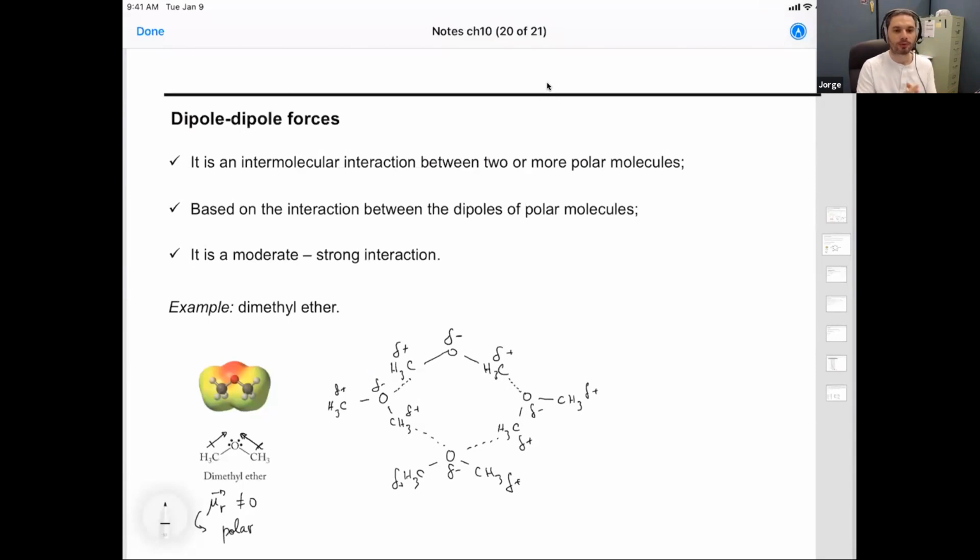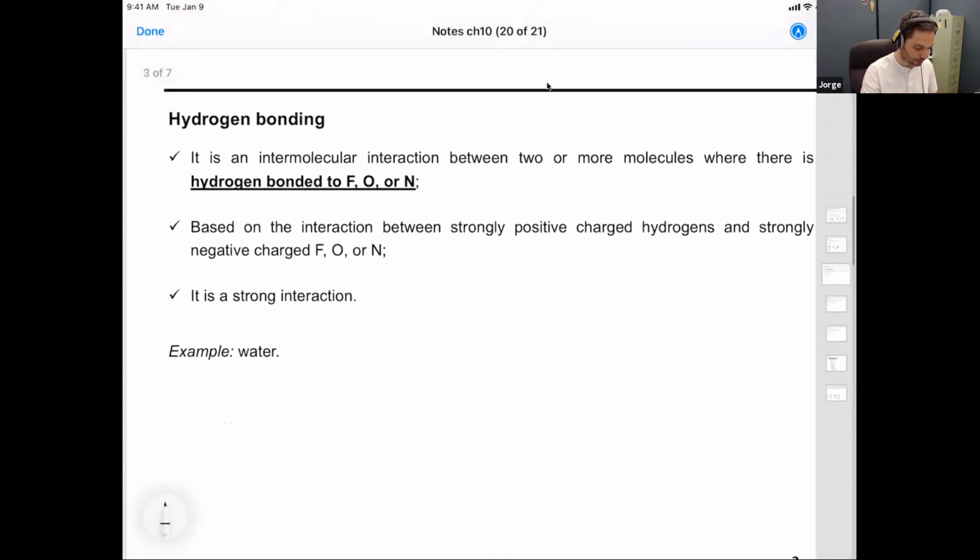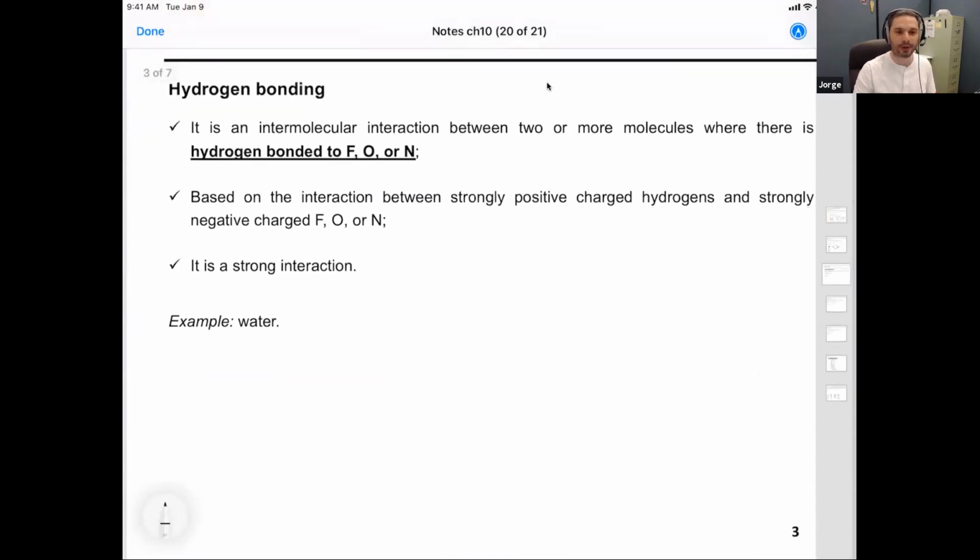Okay, so the second kind of interaction when we have a polar molecule is a very special interaction called hydrogen bonding. It is an intermolecular interaction between two or more molecules where there is hydrogen bonded to fluorine, oxygen, or nitrogen.